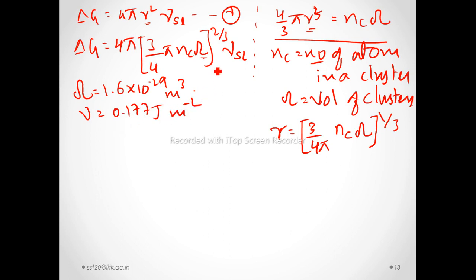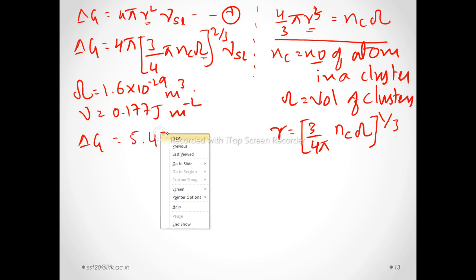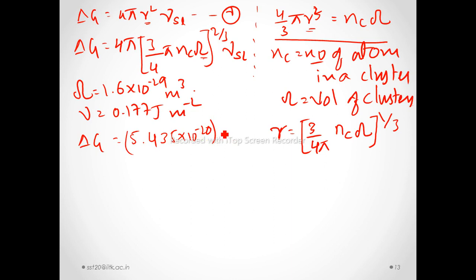So substituting these two values here, delta G can be given by the equation 5.435 into 10 to the power of minus 20 NC to the power of 2 by 3. Okay, so for option A, NC is given as 10 atoms per cluster.